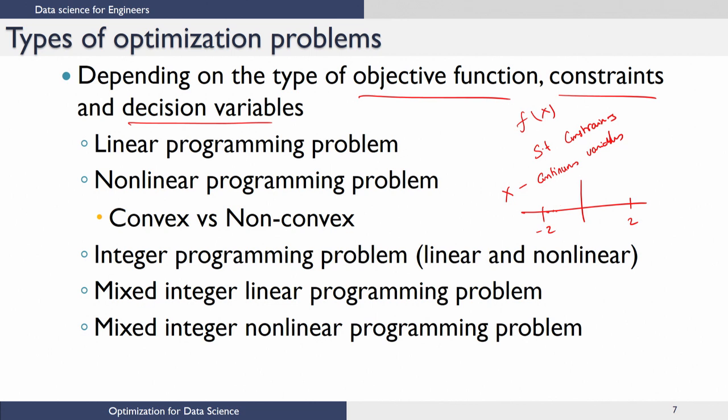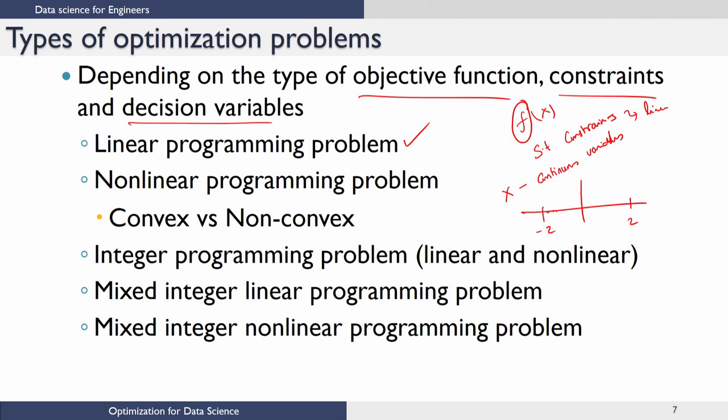So, if I have continuous variables like this, and if the functional form of this f is linear and all the constraints are also linear, then I have a type of problem called a linear programming problem. In this case the variables are continuous, the objective is linear and the constraints are also linear.